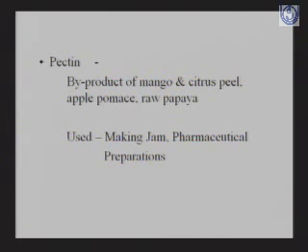Similarly, citrus peel, apple pomace and raw papaya are good sources of pectin, and pectin can be manufactured out of them. It can be used for making jams and pharmaceutical preparations also.